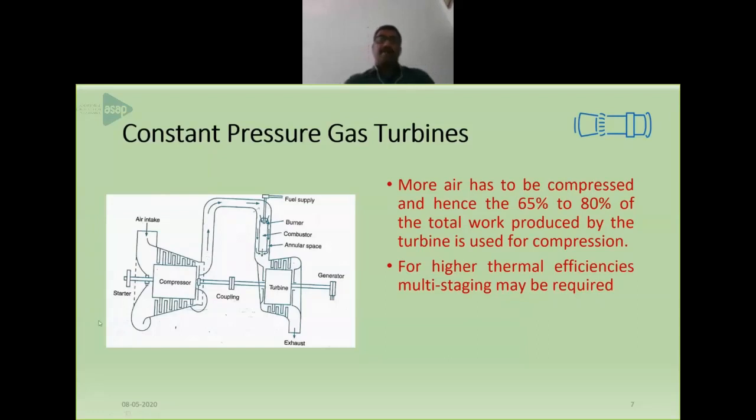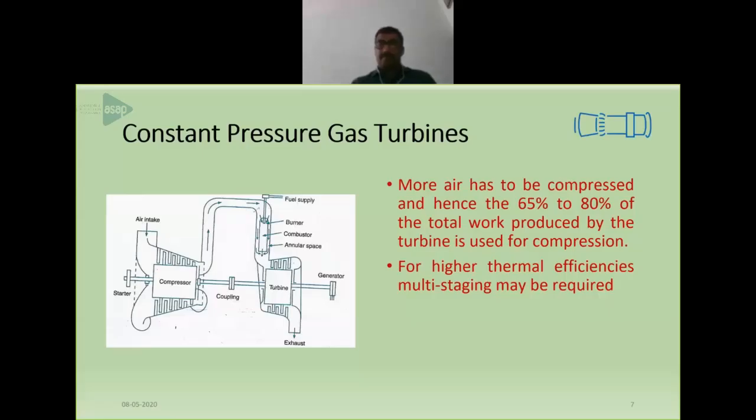Then after the combustion chamber, there will be mixing of the air fuel mixture as well as the air which is flowing through this annular space. Both will come to the turbine. Then there will be expansion and energy is produced.